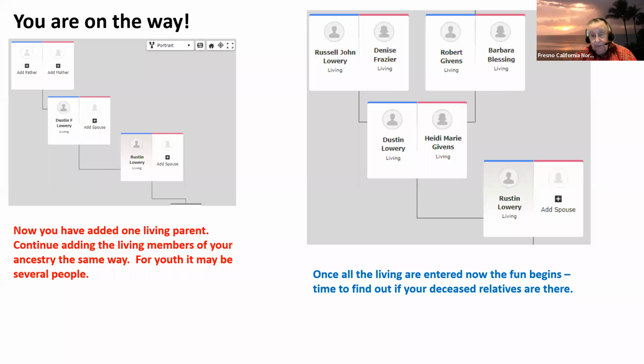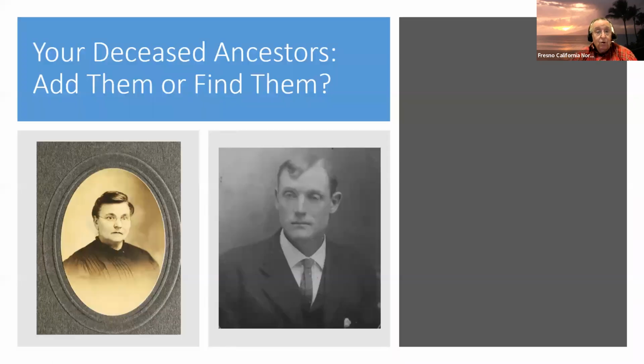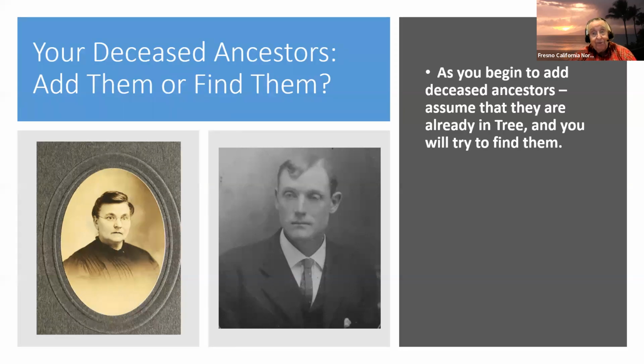So now the fun begins. We're going to have to do some work adding deceased people. And I say add them or find them, and that's an important thing to understand. The attitude you should take when it comes to the deceased is expect to find them in tree. If you don't find them, you go ahead and put a new record in tree, but you're going to try your darndest to find them in tree already, because so often they are there.